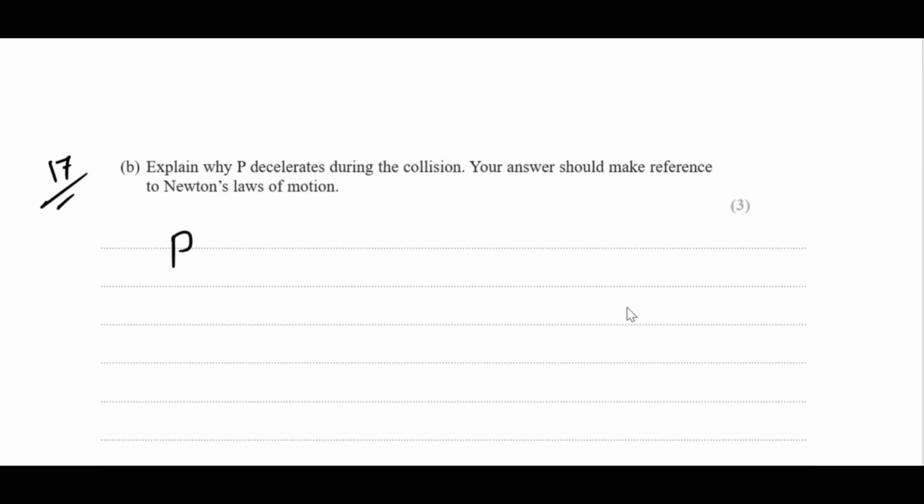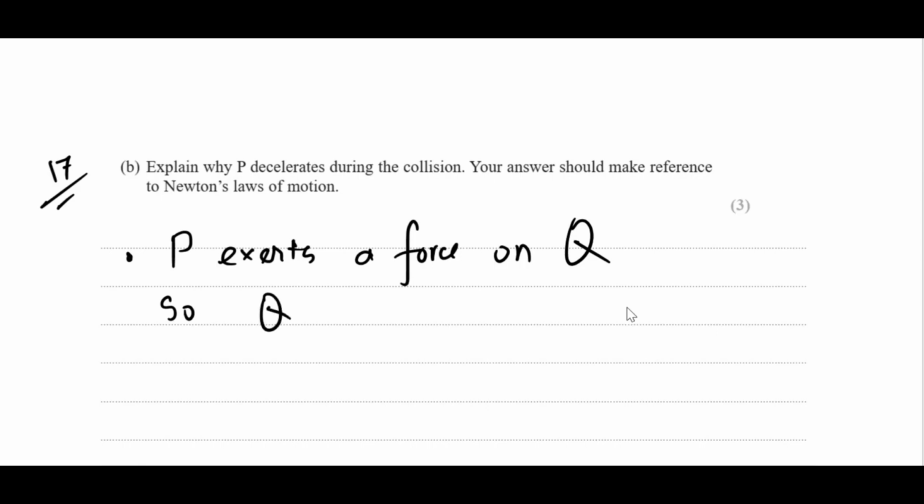So P exerts a force on Q. So Q also exerts a force on P.